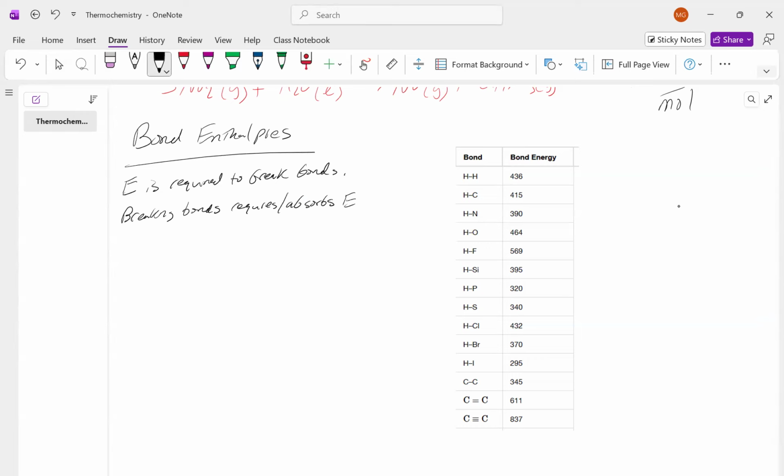And if something absorbs energy, what kind of process is that? That's endothermic. Forming bonds releases energy. That's an exothermic process.